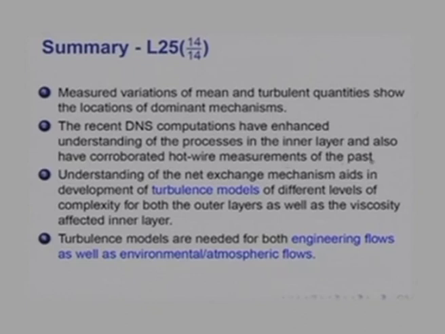Remember, the laminar sublayer goes only up to y plus of 5 and the transitional layer goes only up to 30, and therefore, it was often doubted whether the earlier measurements made by hot wire anemometer, which has a diameter of the order of 5 microns, were accurate or not.